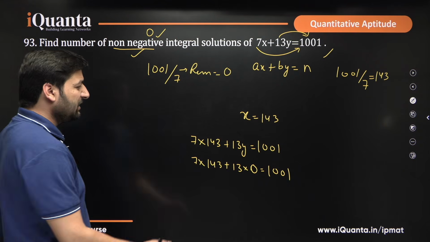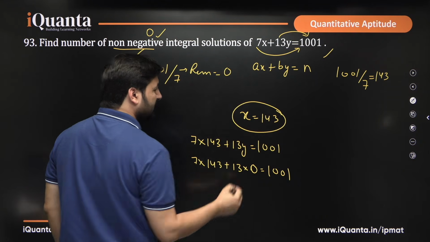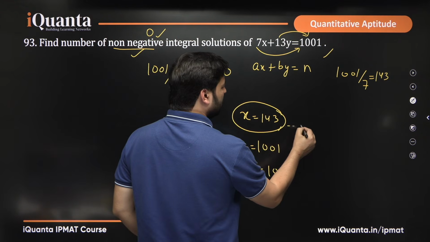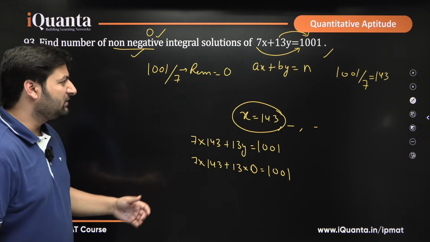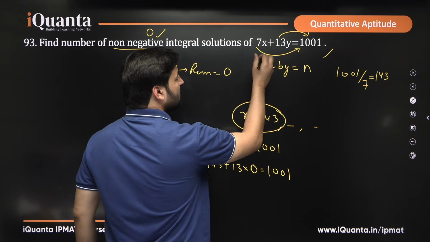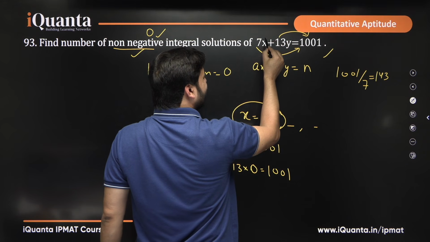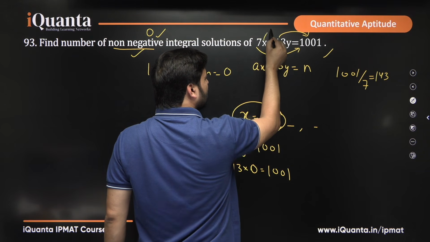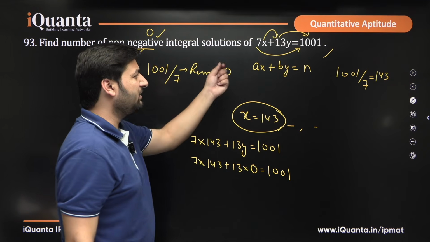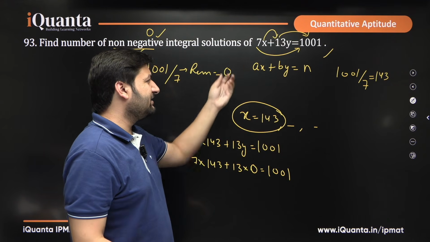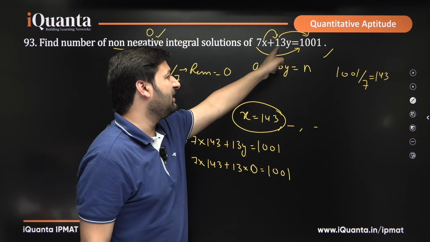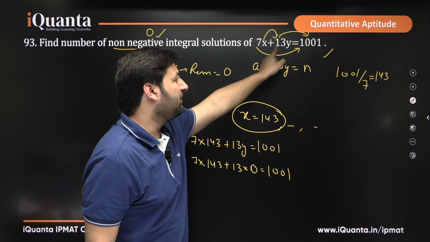So I know that the highest value that x can have will be 143, other values of x will be lower than this. Always remember, in such questions, whatever values of x satisfy this equation, they will always be at a difference of 13 among them.